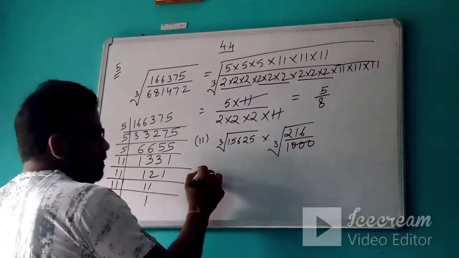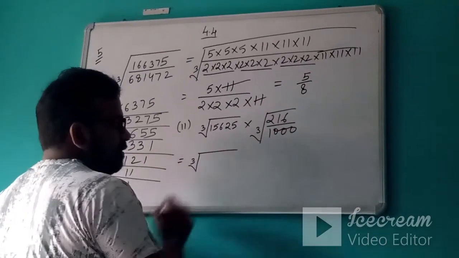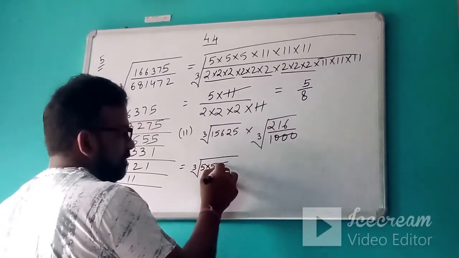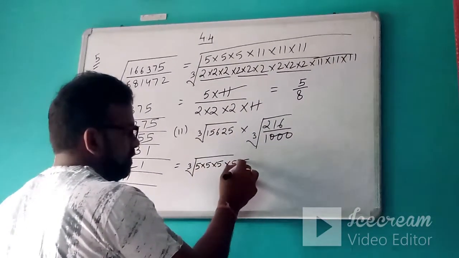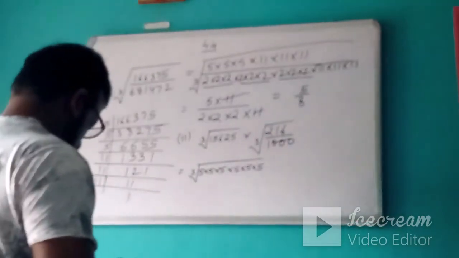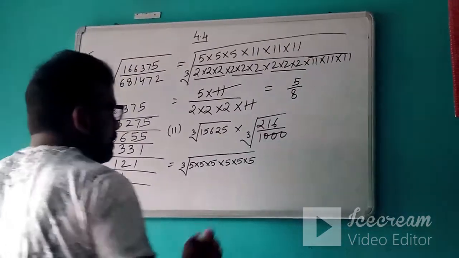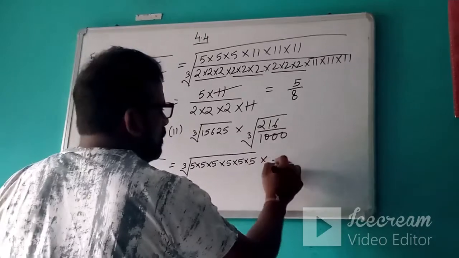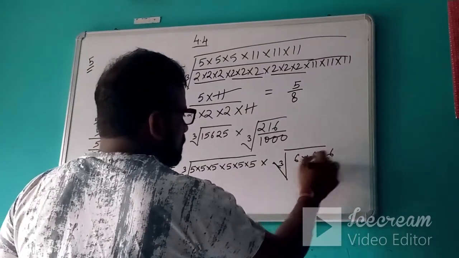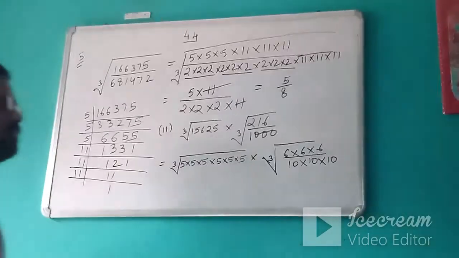What we will do, you can find the individual cube roots, so its prime factorization will be 6 into 6 into 6 upon 10 into 10 into 10.